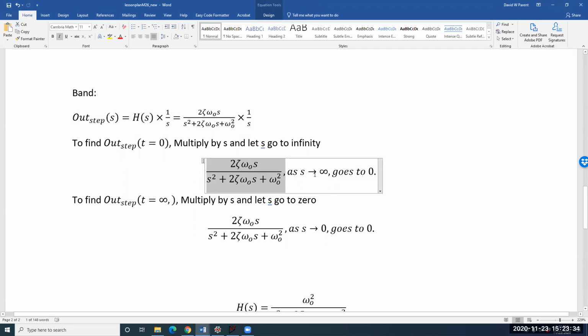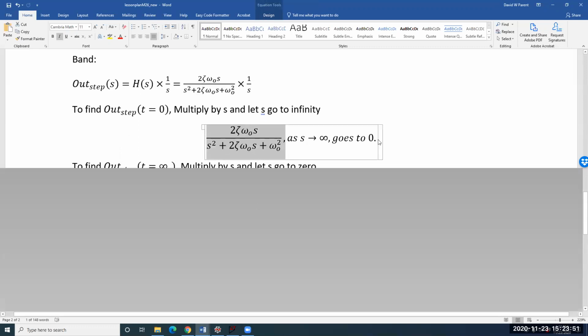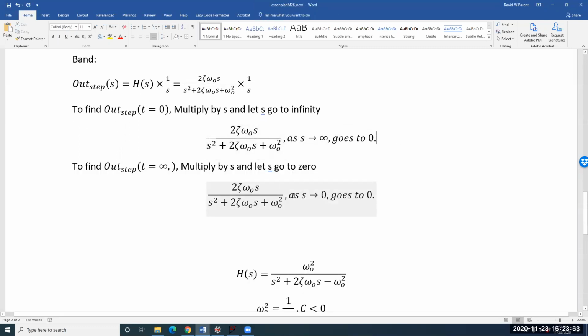So we let s go to infinity, right? And the s squared will dominate the s, and it'll basically go to 0, right? At t going towards infinity, we let s go to 0, and it goes to 0 as well. All right. So it starts and ends at 0.